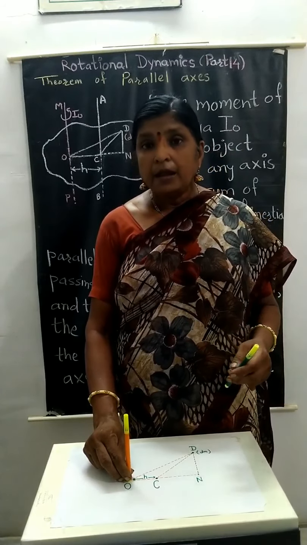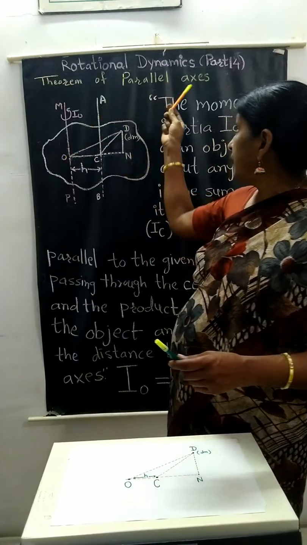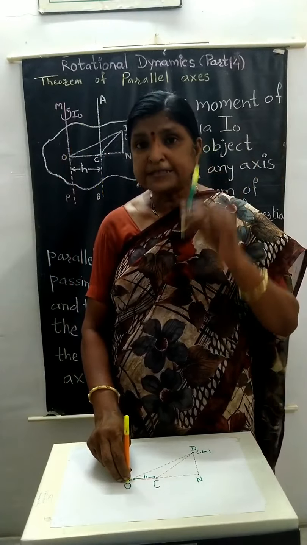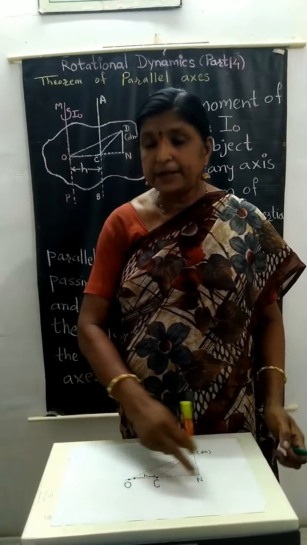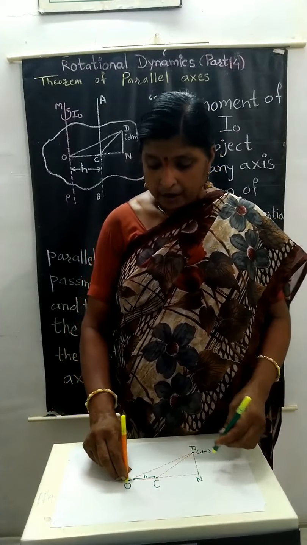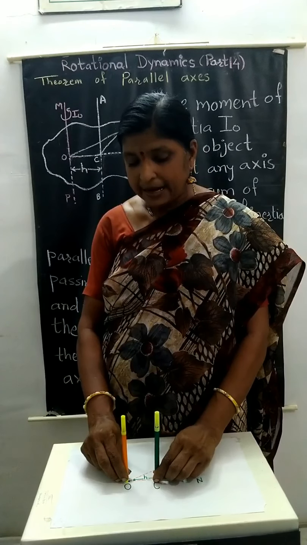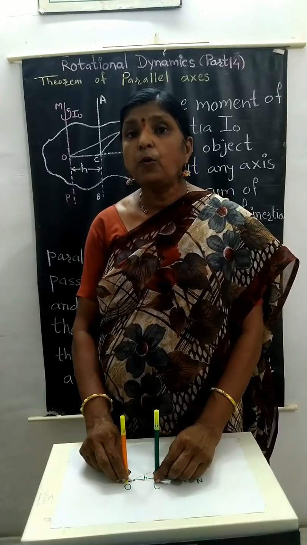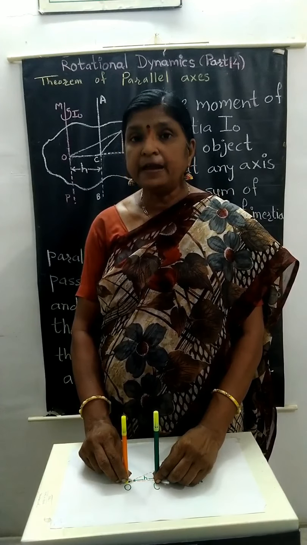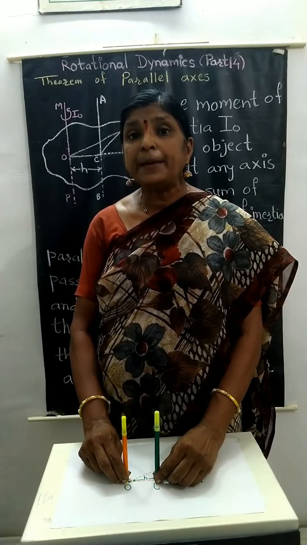And if I have to use this principle of parallel axis, then I must know the moment of inertia of this rigid body or the object about a parallel axis passing through point C. As you are observing here, these two axes must be parallel.